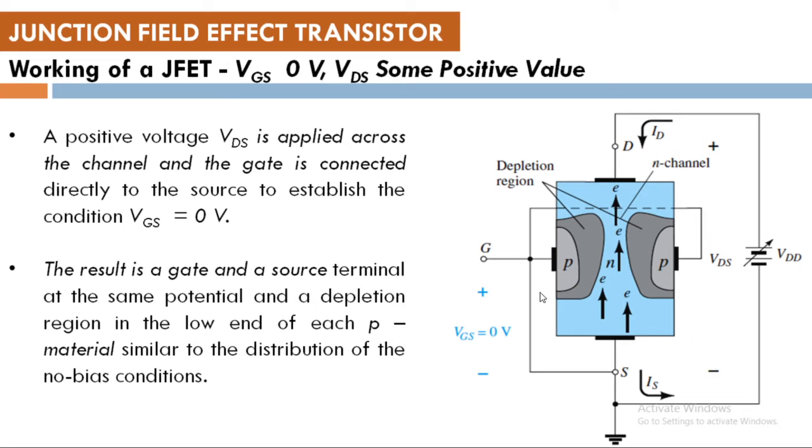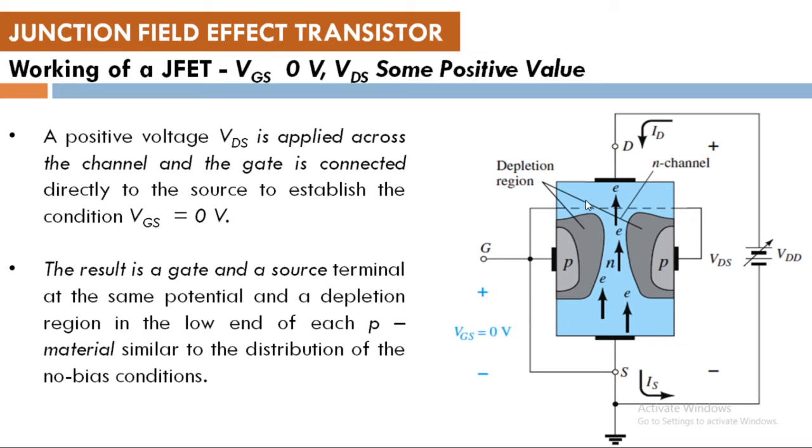Initially, the input is connected to 0 volt and VDS is increased, so the drain terminal, which is on the top side, becomes more positive with respect to the ground or reference. Both the P sides have been connected to ground.